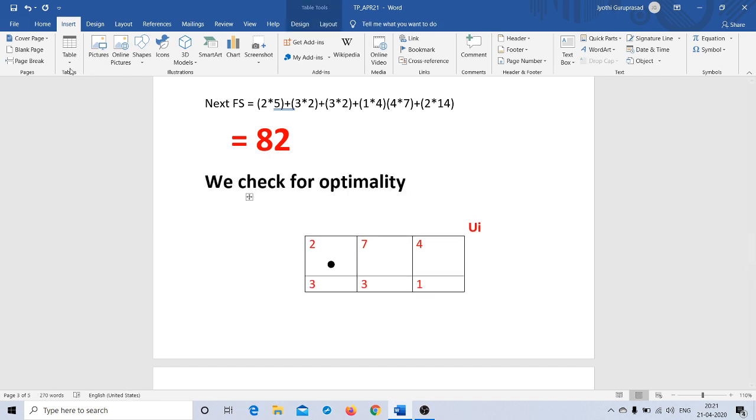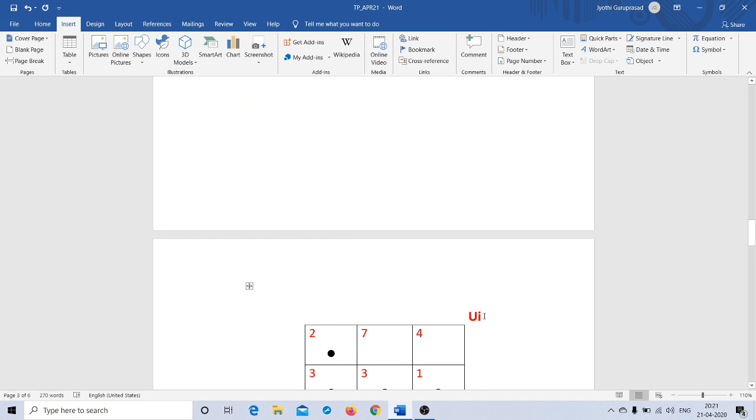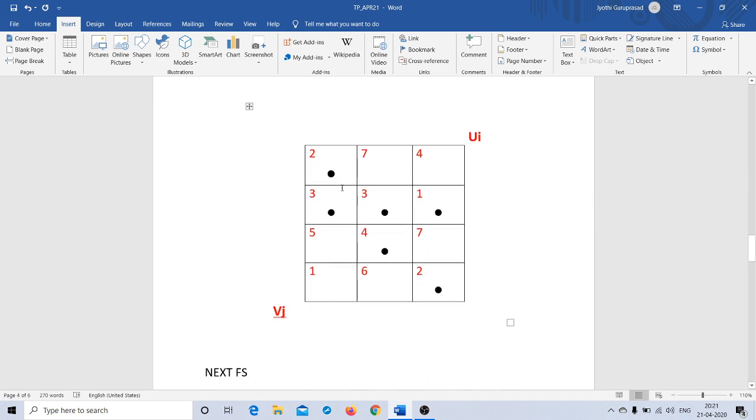As usual, I am going to find the values of ui and vj. All the cells where allocation was made, I have put as bullets, and then I am going to calculate the values of ui and vj. Here, if you look carefully, the second row has 3 allocations, and hence I will assign 0 as ui to that particular row.